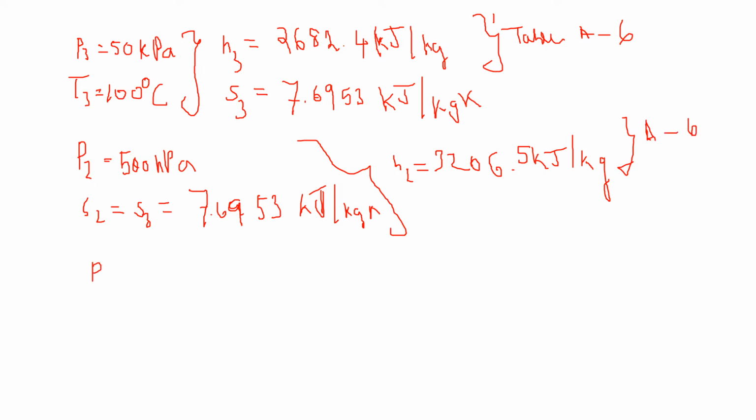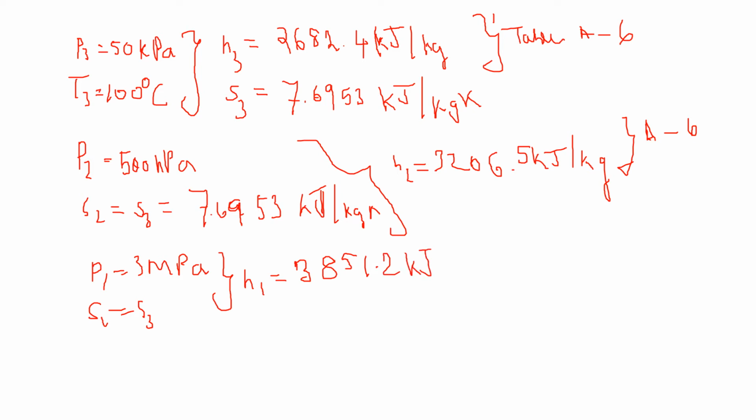Okay, and now I have P1 is equal to 3 megapascal and S1 equal to S2, S3. Since isentropic, I got H1 is equal to 3851.2 kilojoule per kilogram, which is also from the table.